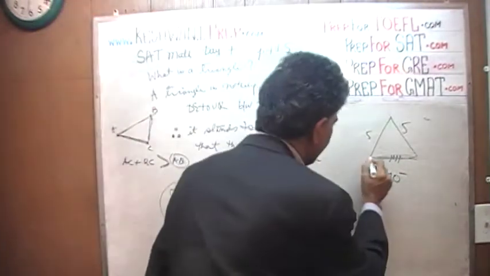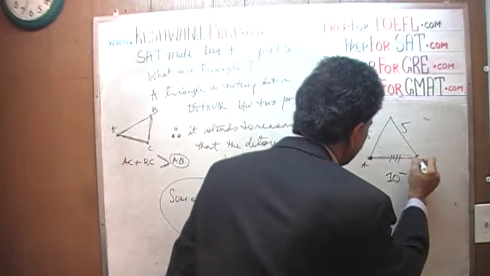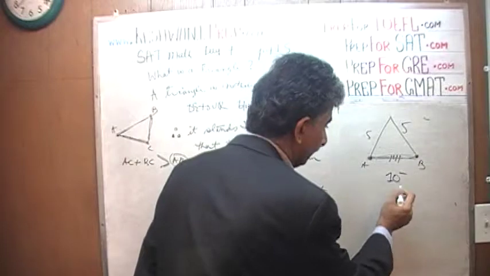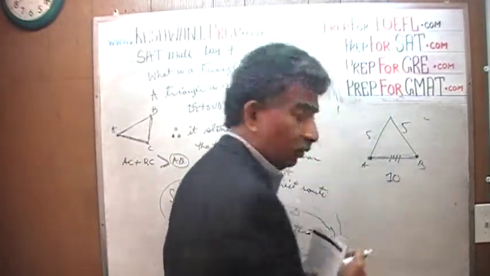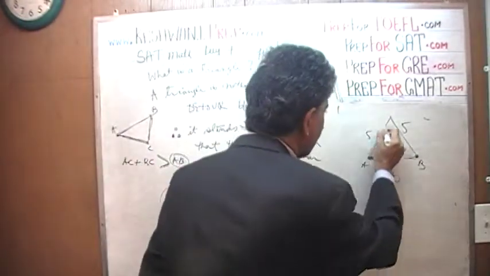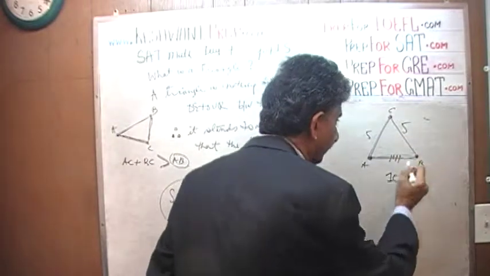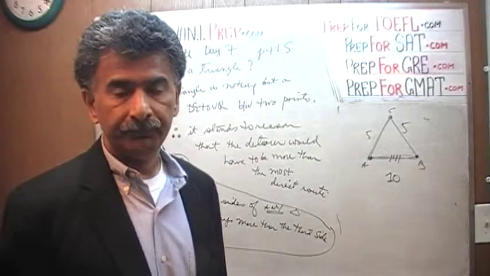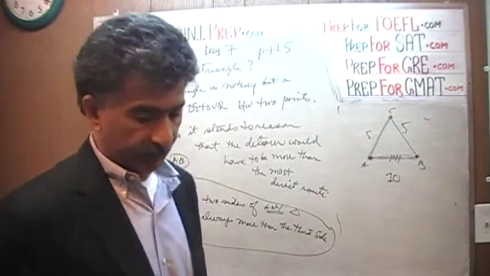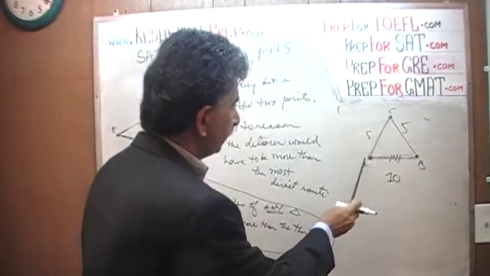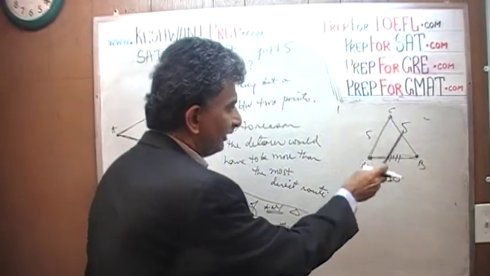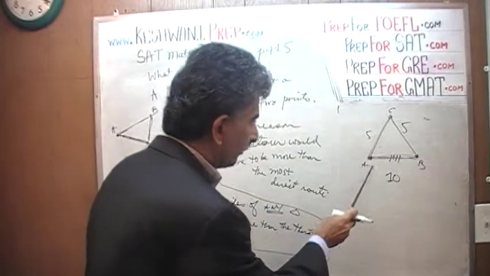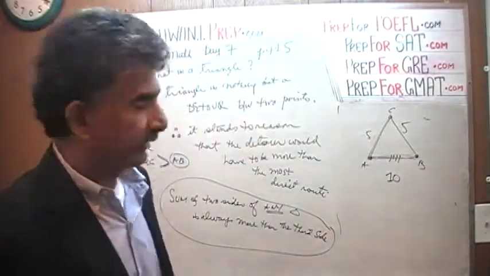If you tell me the distance from town A to town B is 10 kilometers, or I can go out of my way to town C and then drive to town B and still drive 10 kilometers, that would be insane. If the distance from town A to town C is 5 kilometers and town C to town B is 5 kilometers, then it stands to reason the direct route from A to B, I do not know what it is, but it's got to be less than 10.